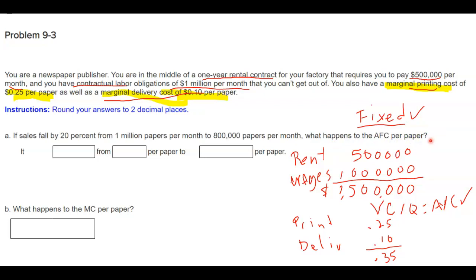Okay, so what you need to know here are some formulas. Let me erase what I have. Remember this number, our fixed cost is 1,500,000.